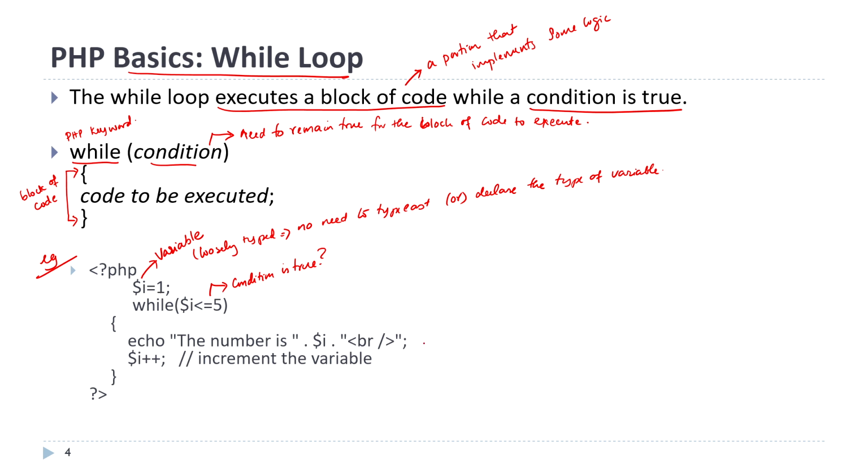The first run will print the number is 1, and then there is a line break, so it will come to the next line. In the second run, it will say the number is, and this is where the $i++ comes in.